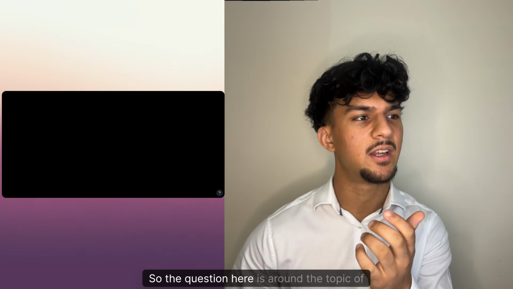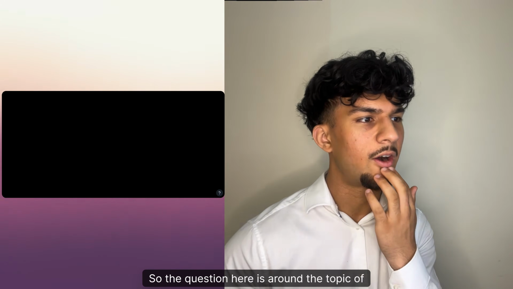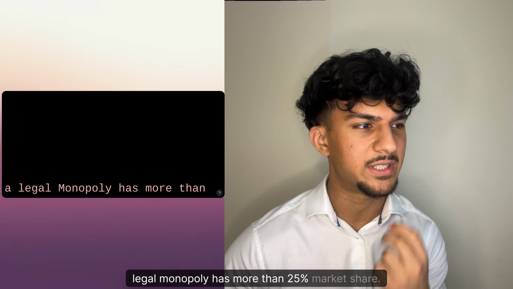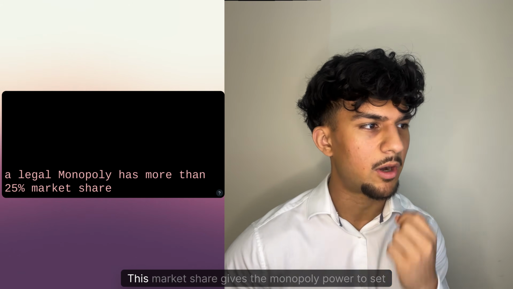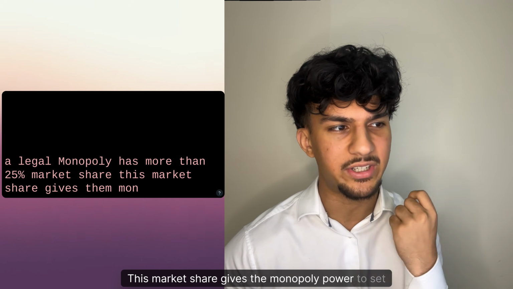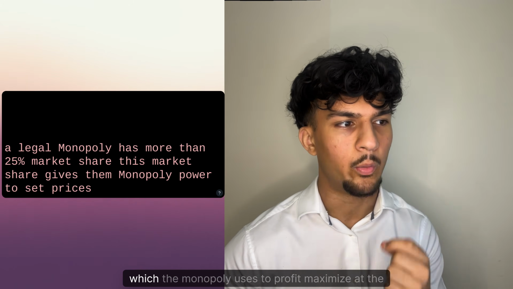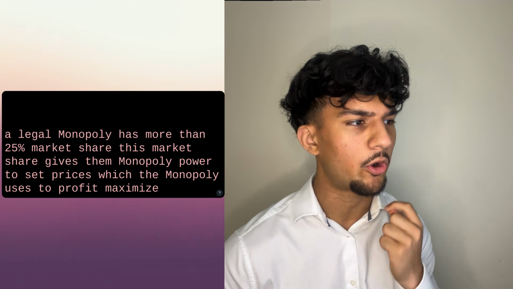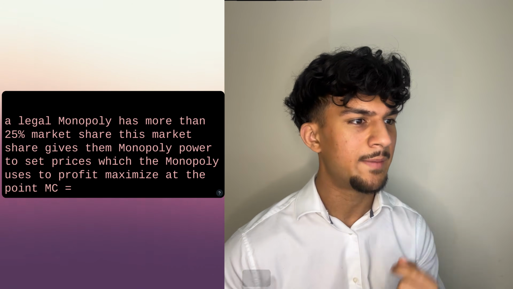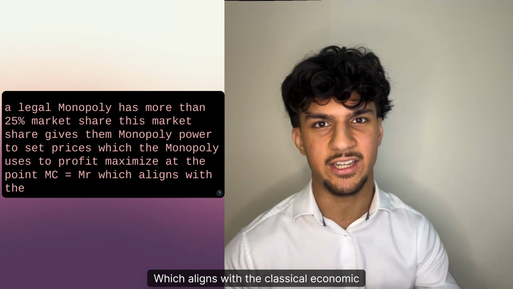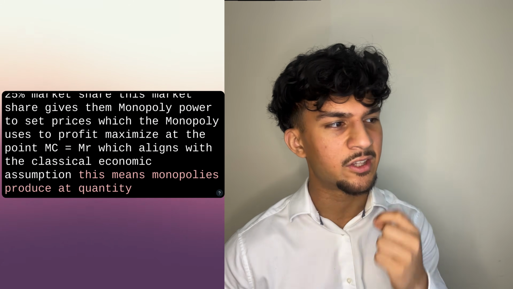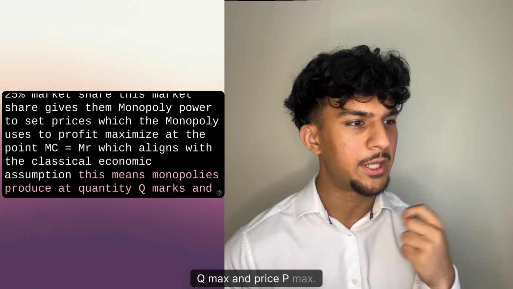So the question here is around the topic of monopolies exploiting consumers. A legal monopoly has more than 25% market share. This market share gives the monopoly power to set prices, which the monopoly uses to profit maximize at the point MC equals MR, which aligns with the classical economic assumption. This means monopolies produce at quantity Q max and price P max.